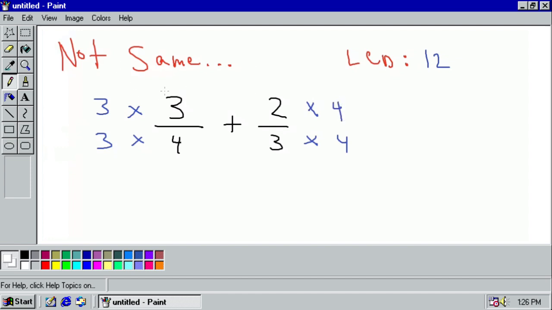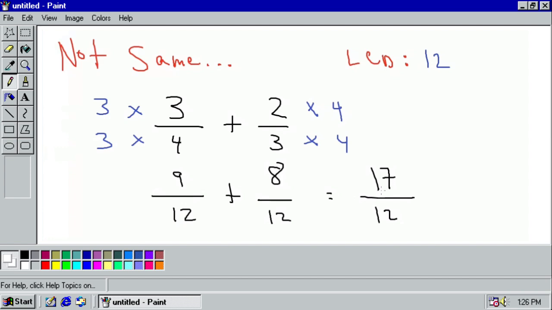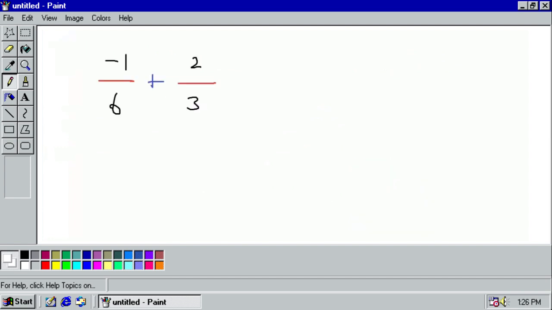Now we have 3 times 3 is 9, 3 times 4 is 12, plus 2 times 4 is 8, 3 times 4 is 12. And see, we have the same denominators, so we can just simply copy it. 9 plus 8 is 17. We can't really simplify 17 over 12, so this will be our final answer.